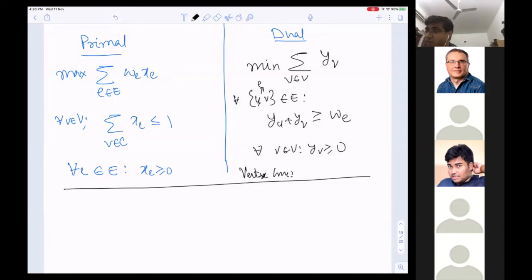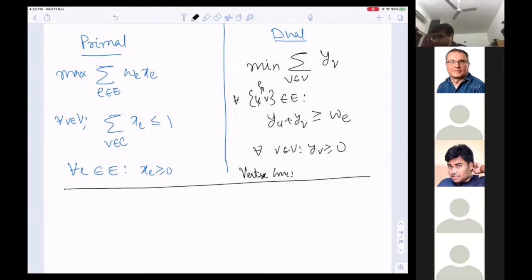So this is not a 0, 1 variable; think of it as a weighted variable. Now, for all v in V, yv is greater than or equal to 0. So this is basically a vertex cover in the sense that if I would have put 1, then it is much clearer.